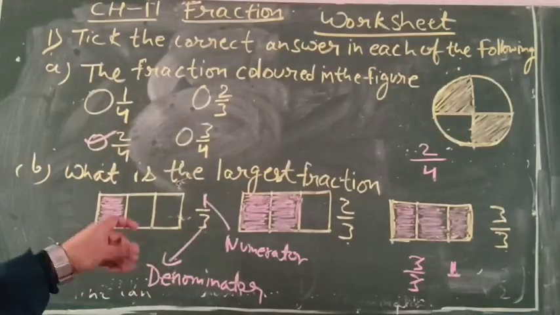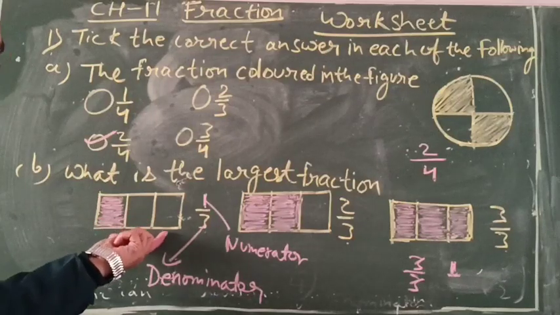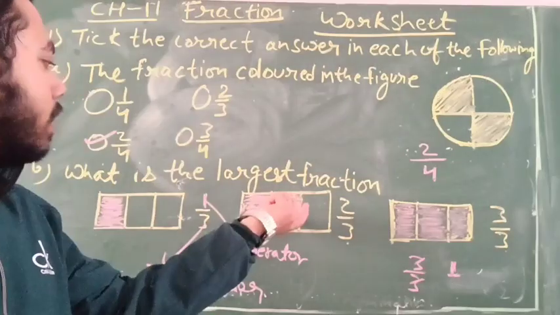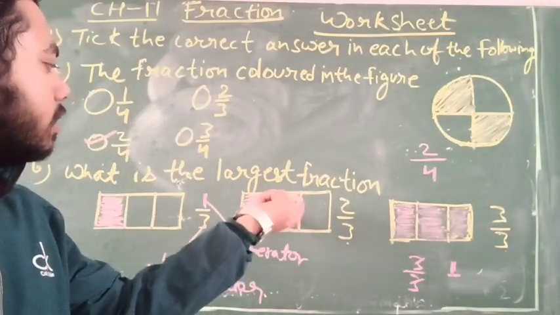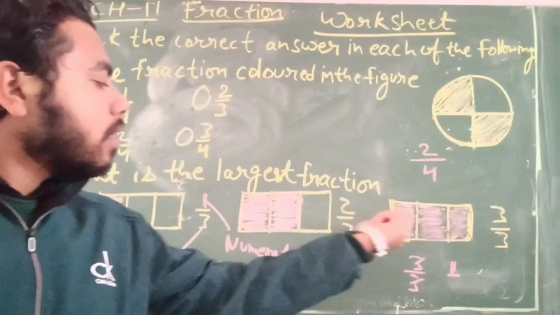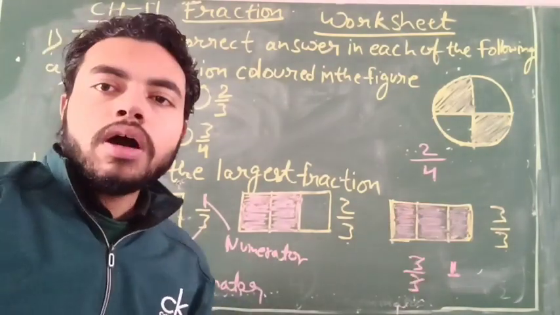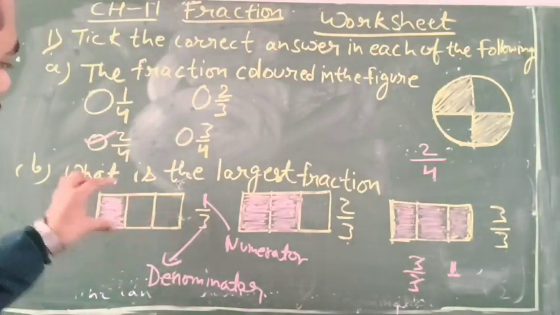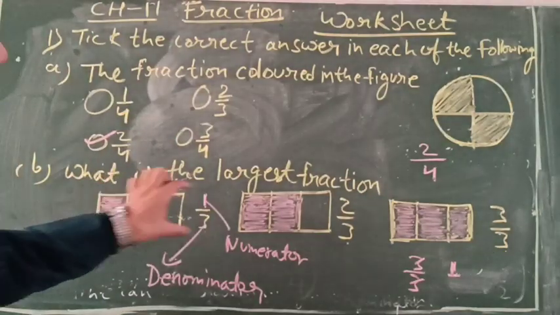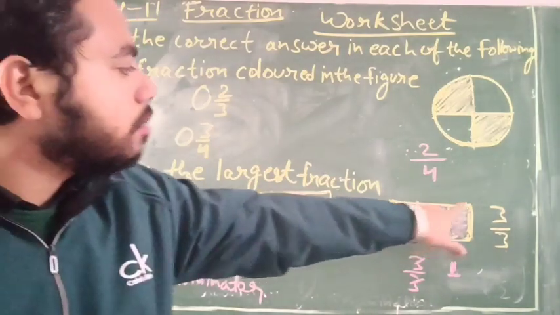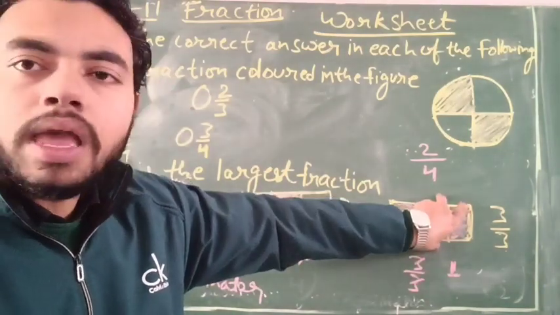Here you see that it is a rectangle and it has 3 squares. Here also it is a rectangle with 3 squares, and here also. Or we can say it is an object divided into 3 equal parts.